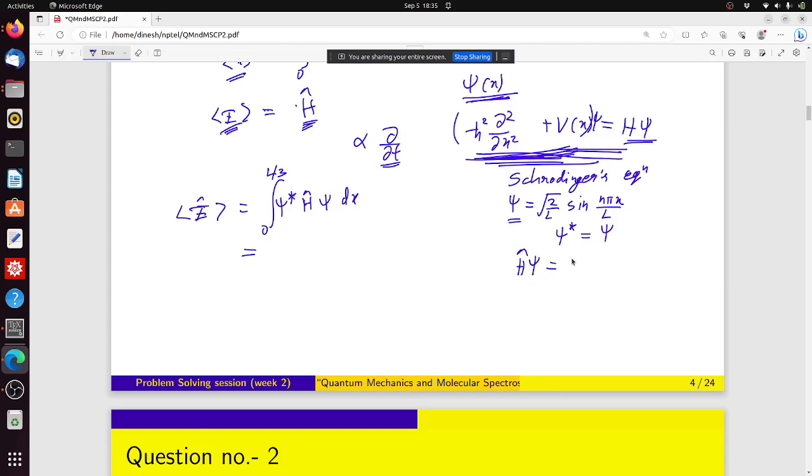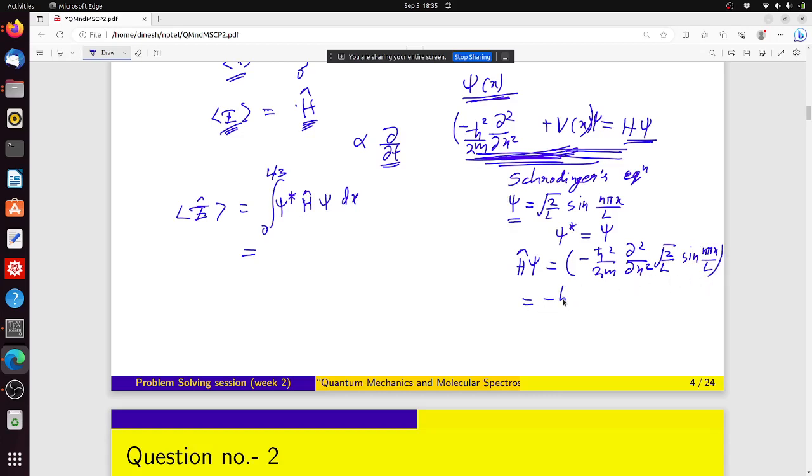Let's do this first. This is minus actually, because this is p square over 2m, right? So this is minus h square by 2m del square over del x square acting on this wave function, root 2 by L sine of n pi x over L. So you have to do derivative twice.